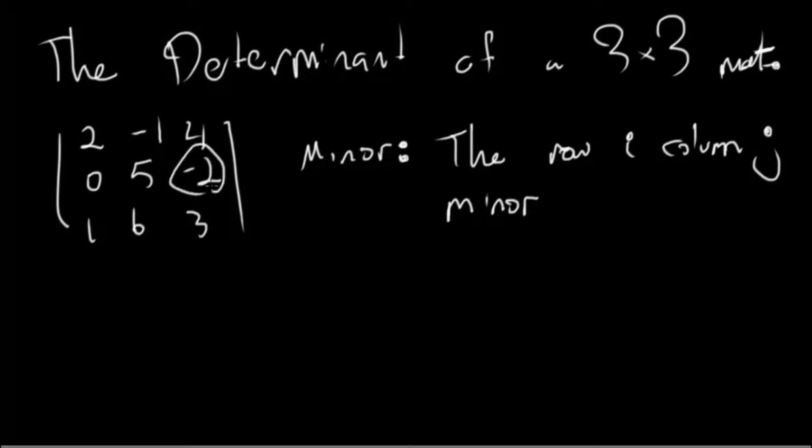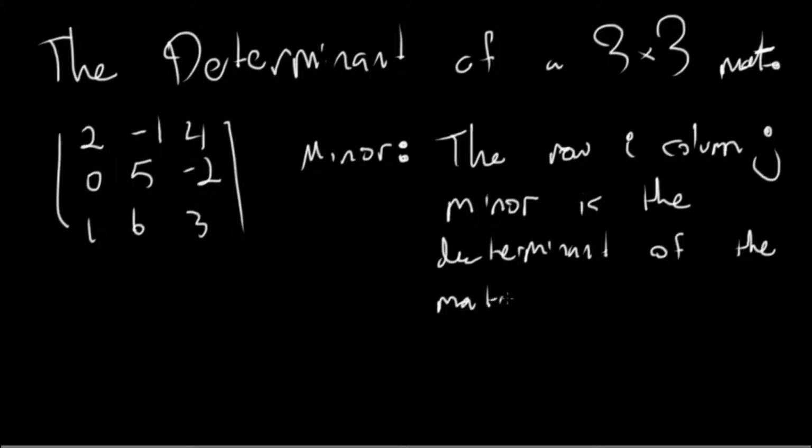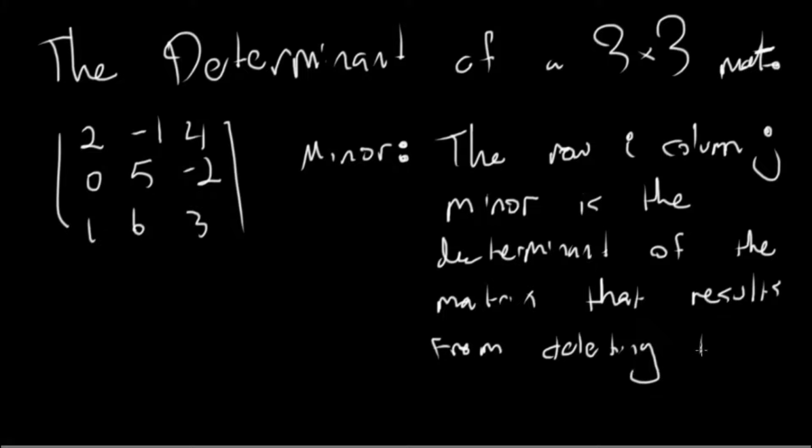So the row i, column j minor is the determinant of the matrix that results from deleting the ith row and jth column. And I just have enough room for that definition.